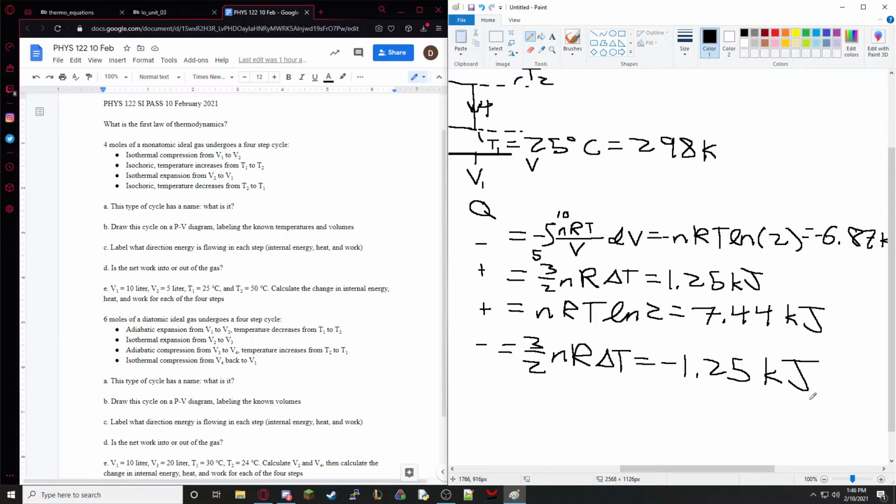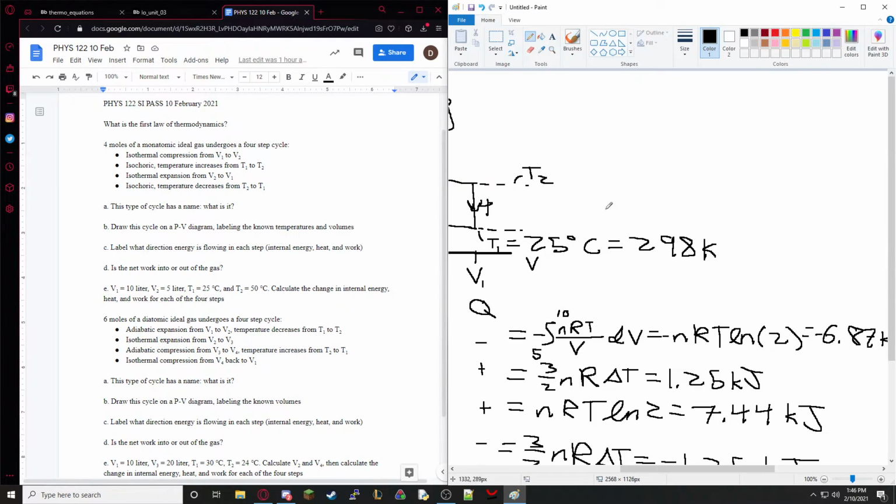Does that make sense? What's n in the equation? n is the number of moles, so in this case it would be 4 moles. Make sure you note that n is equal to 4 moles.